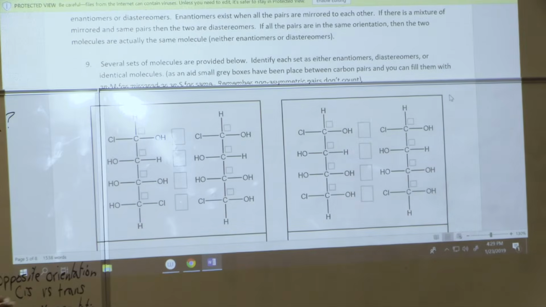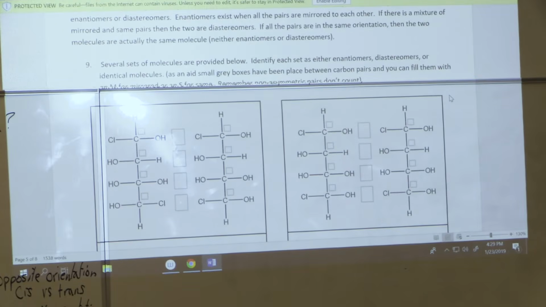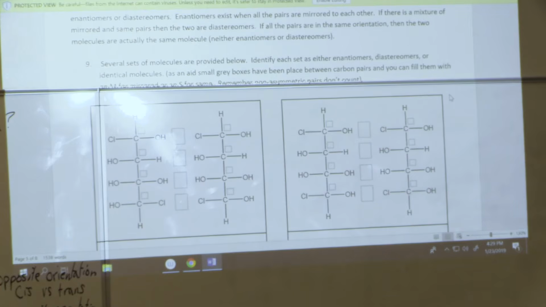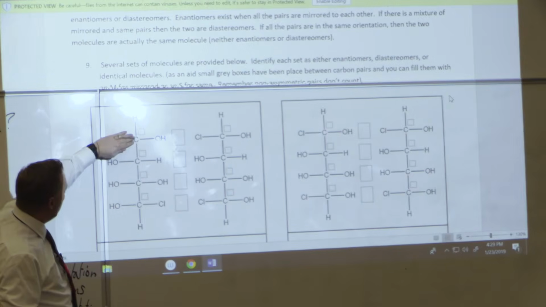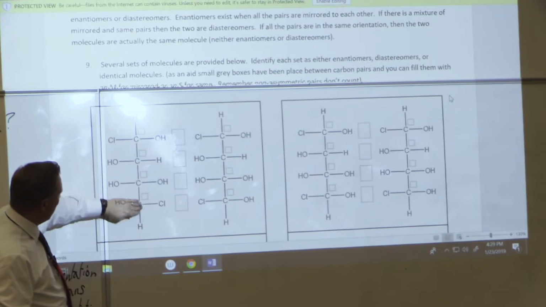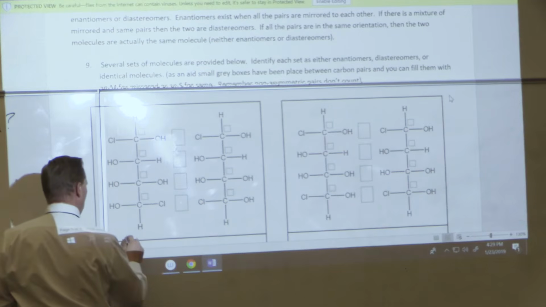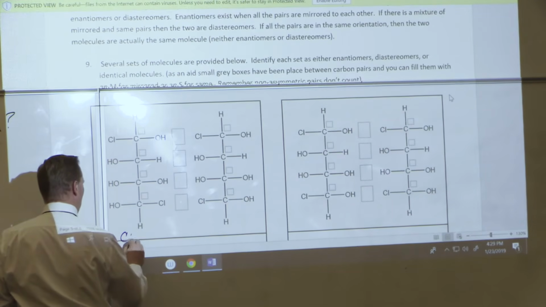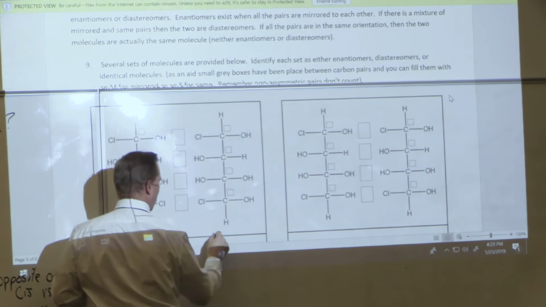Let's look at this first pair. And the first thing we want to do is count the atoms and look at the molecular formula, see if it's the same. So I start with carbons. I have 1, 2, 3, 4 carbons on that one. So I can write down here C4. 1, 2, 3, 4 carbons there.